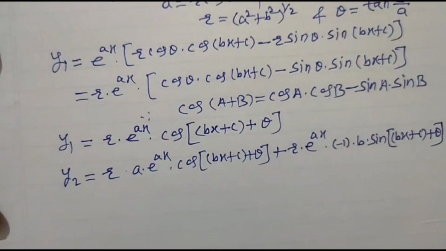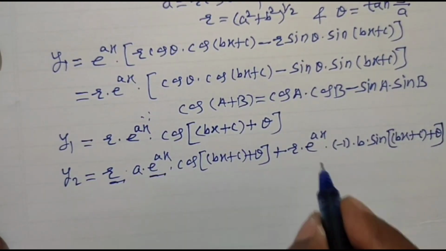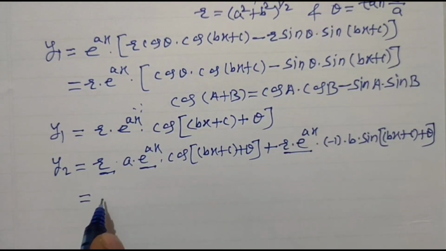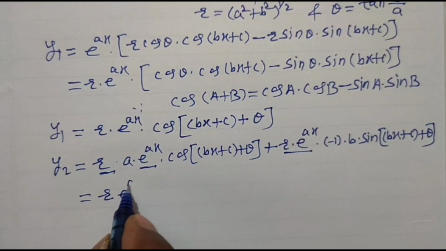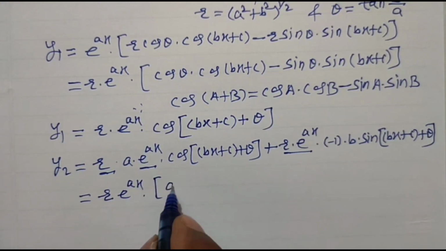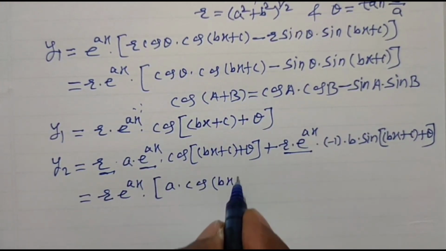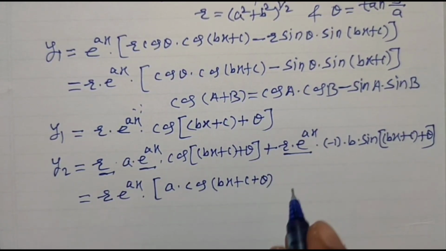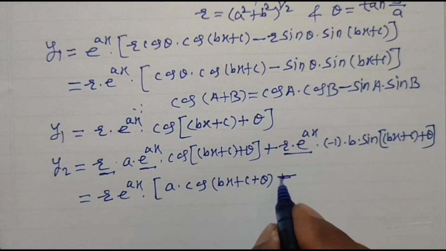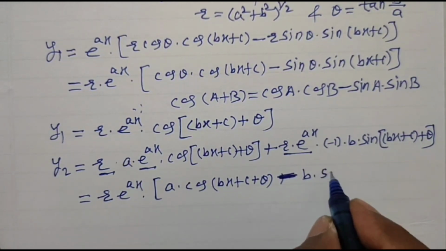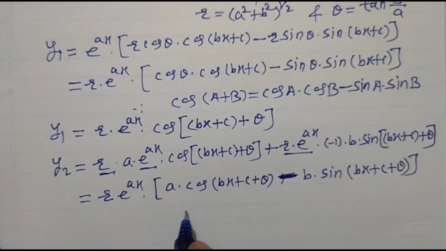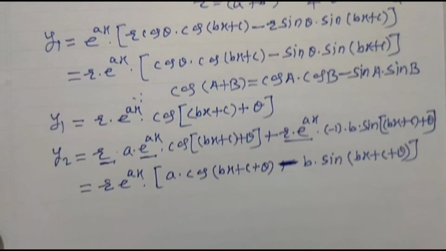Now we can take r and e to the power ax common from both the terms. Hence y2 is equal to r into e to the power ax into bracket, a into cos of bx plus c plus theta, minus b into sine of bx plus c plus theta. Once again replace a by r cos theta and b by r sin theta.